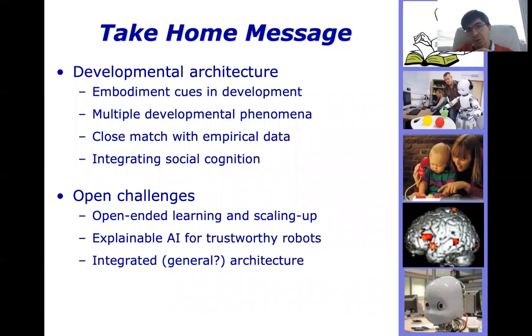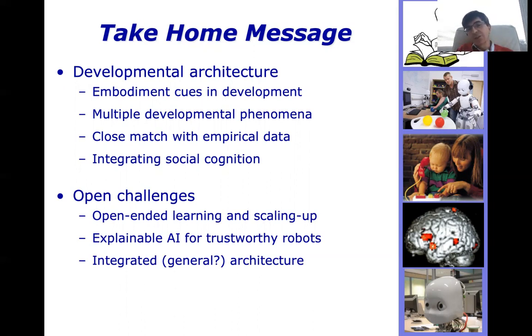Future, where are we going from here? We would like to model a scenario where you have open-ended, continuous scaling up of the repertoire of our agents. And you will see also in the final consideration here, part of the discussion is, are we moving towards a general integrated cognitive architecture, or are we integrating architectures?